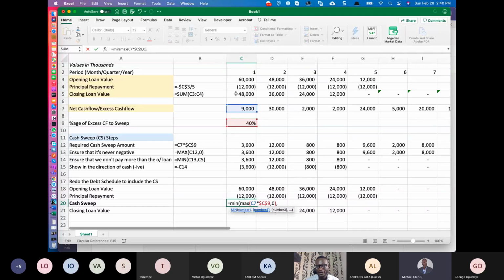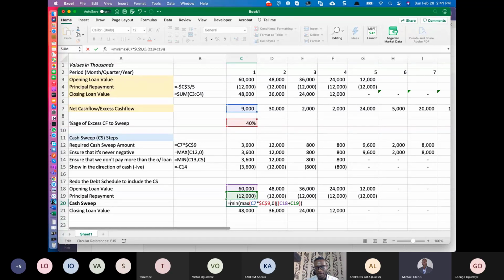In the other place, I picked the outstanding loan directly as here, but in this case, you will just have to minus it out here. Actually it's not going to be a minus anymore since they are in the same sign. I'll just say this plus this. So this gets us what we have outstanding before the cash sweep, right? So that's our step number 3, okay? Then I close the min. And then step number 4 is that we want it to be in the direction of the cash.